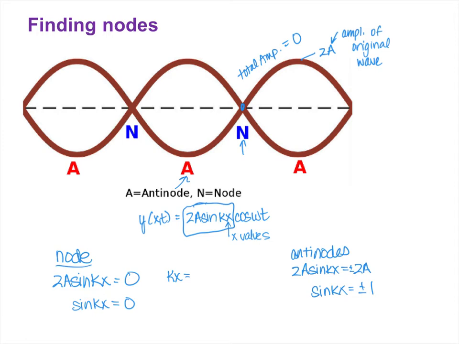Well, it's 0 at 0 and pi and 2 pi, etc. And from that, I can figure out where the x values are. So it's n pi over k, where n is equal to 0, 1, 2, etc. Here, for sine of kx equal to plus or minus 1, kx is equal to pi over 2, 3 pi over 2, etc. And again, we can solve for x.